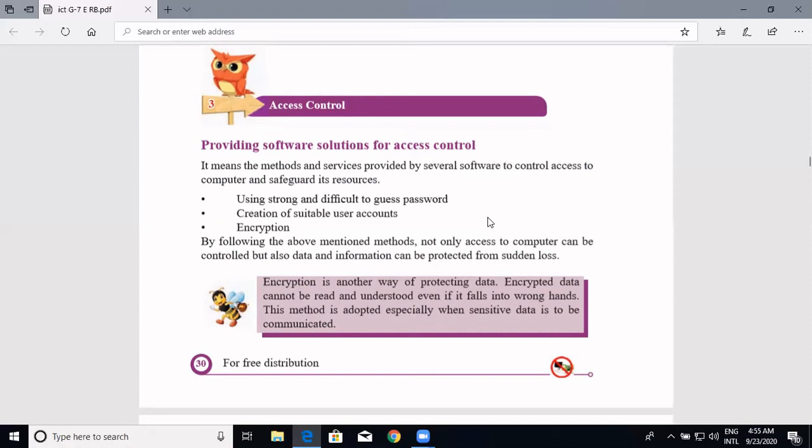Then there will be a problem: how can I remember the password? It's very hard to remember. For that, I talked in grade 6 about these phrases. You can have a phrase which is very simple, but inside you can use, for example, 0 instead of O. Let's think of a very simple one.